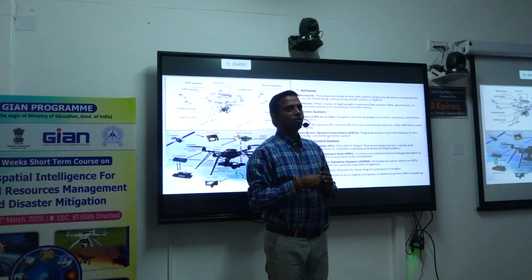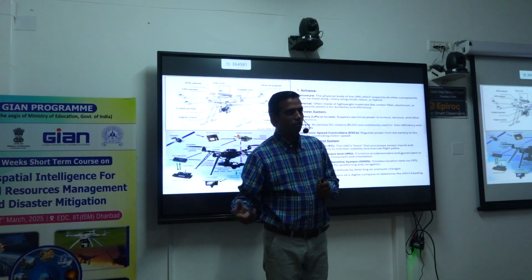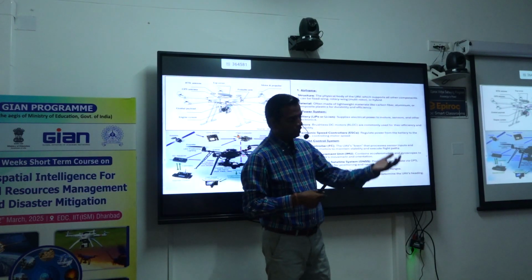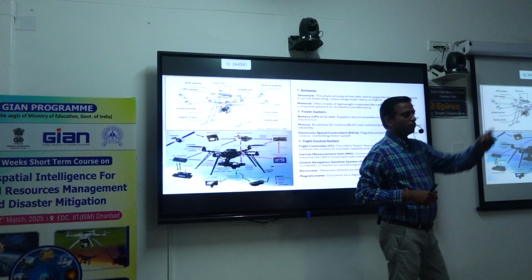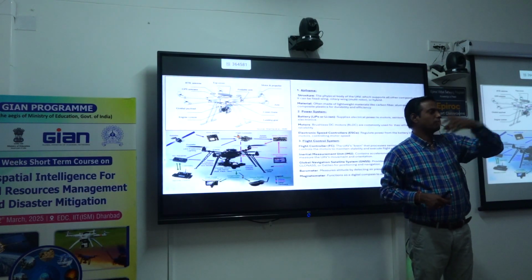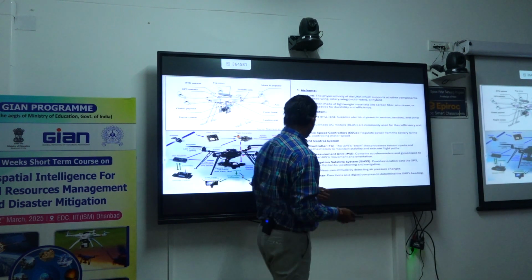The flight controller takes my instructions, otherwise in autonomous mode it will do it like this. It will cover like this. Maybe some other trainer can give instructions so that it will move and capture like this also. As per the instructions given to the flight controller, it will follow.